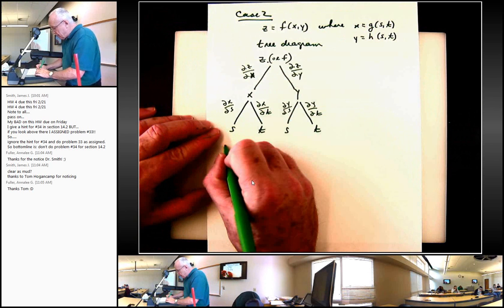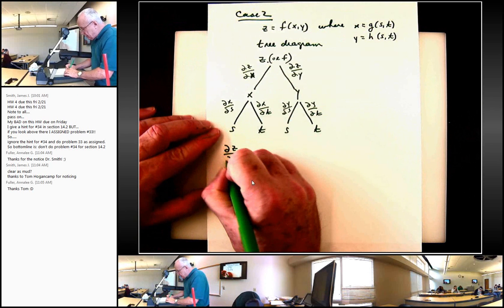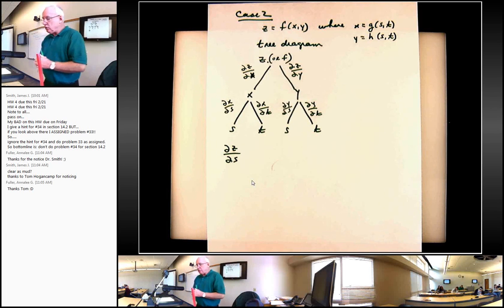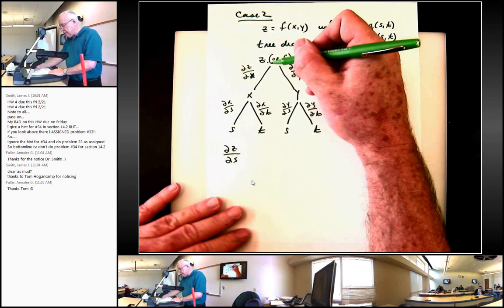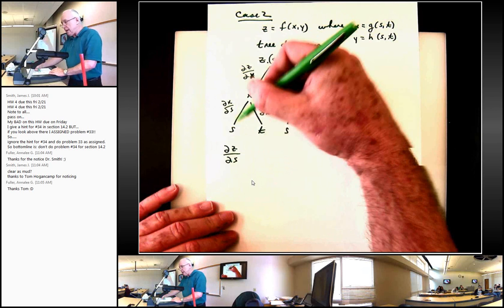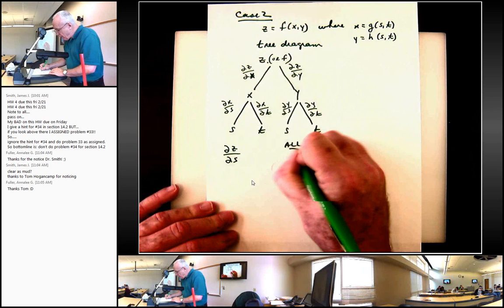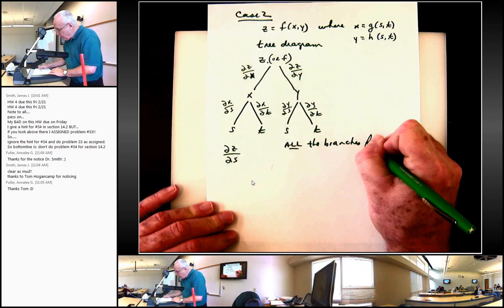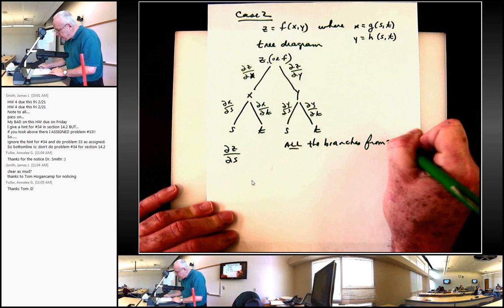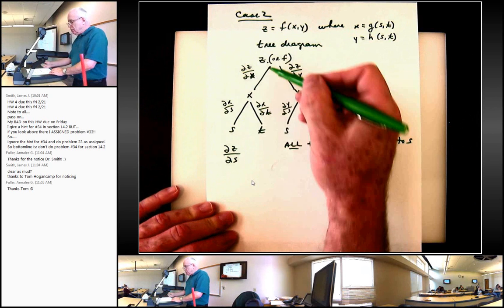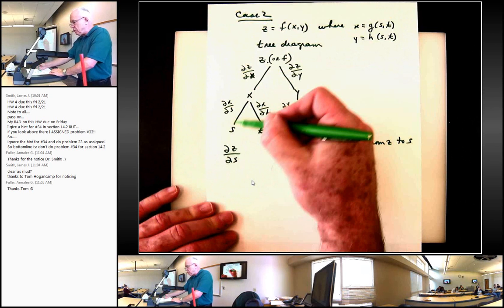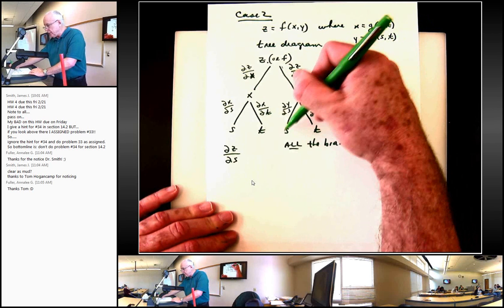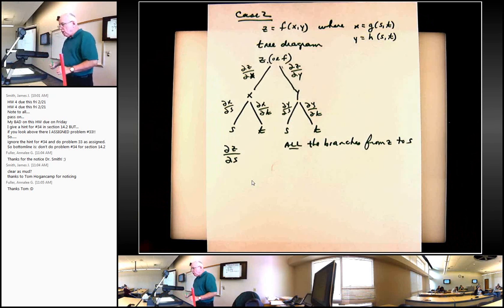So we're looking for delta z, delta s. What we have to do is go through all the branches from z to s. So notice we have this branch here, and then we have this branch here, going from z to s.